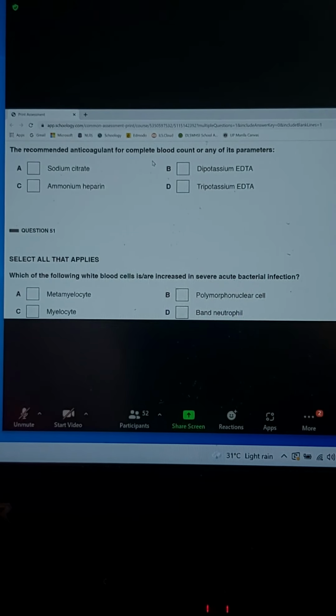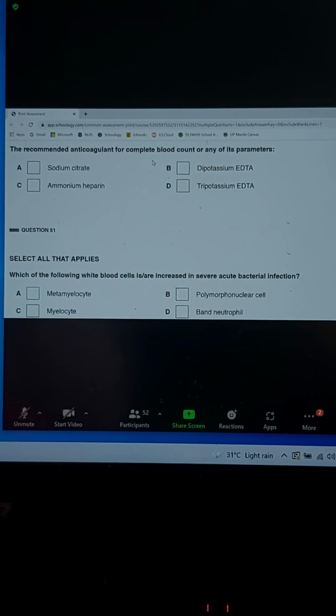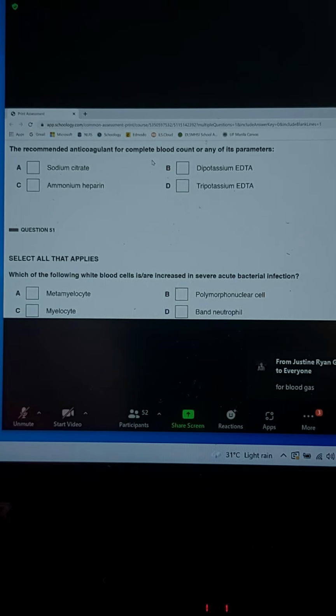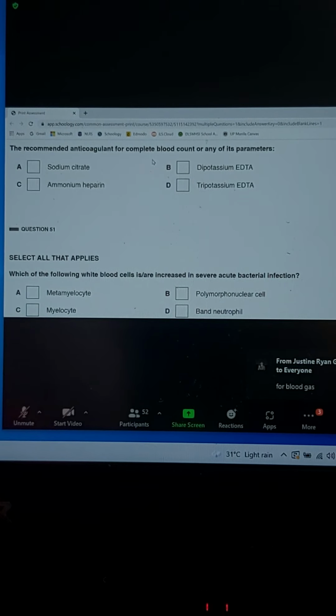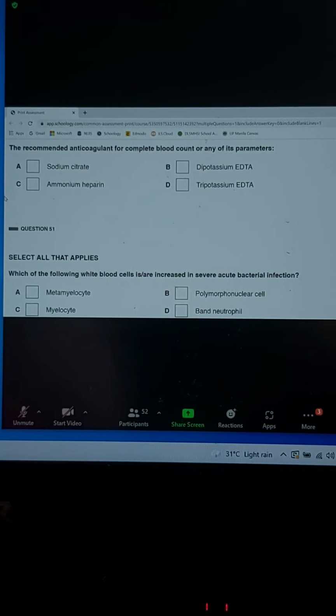Hematocrit tubes, okay, yung mga capillary tubes natin. And then, of course, your sodium citrate are used for either coagulation or ESR.